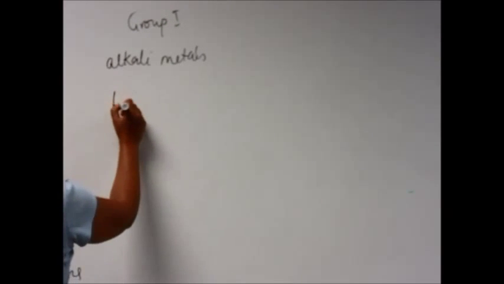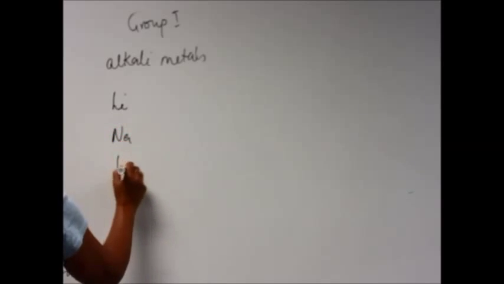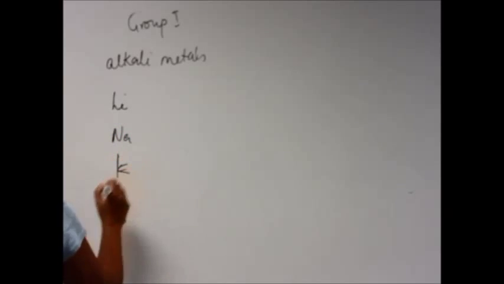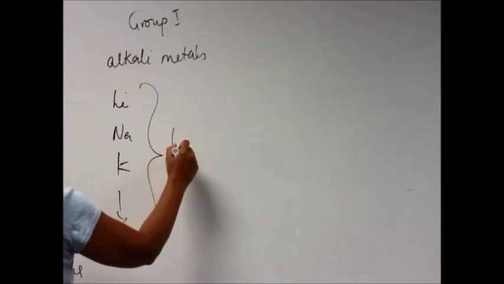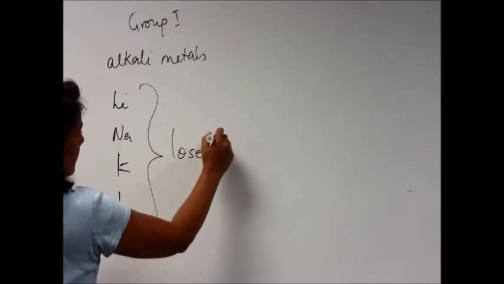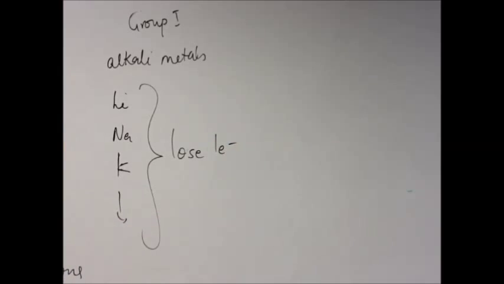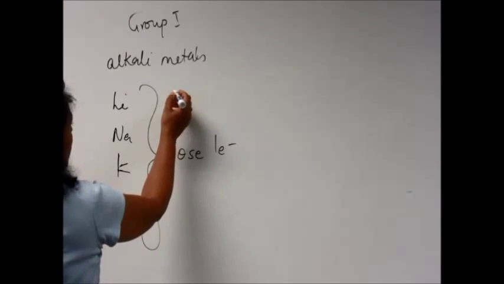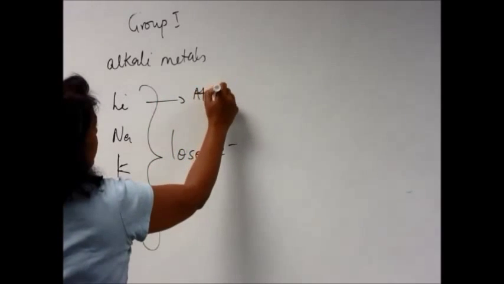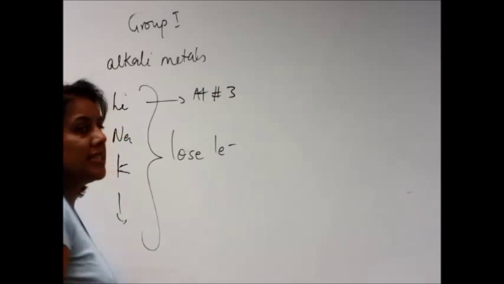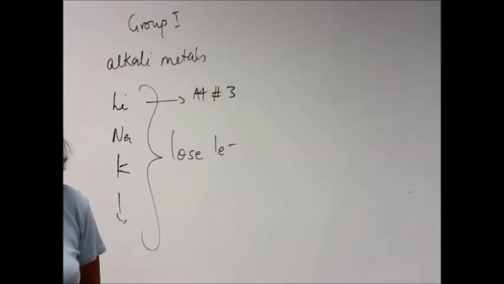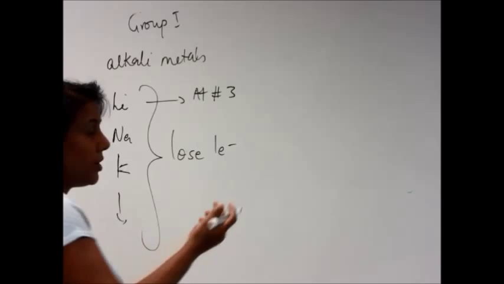So alkali metals like lithium, sodium, potassium, and so on, all of these will lose one electron. With lithium, where you have an atomic number of 3, it means that you have how many protons? 3 protons.